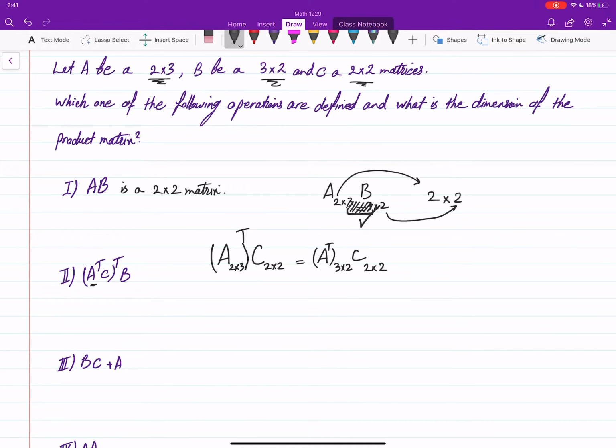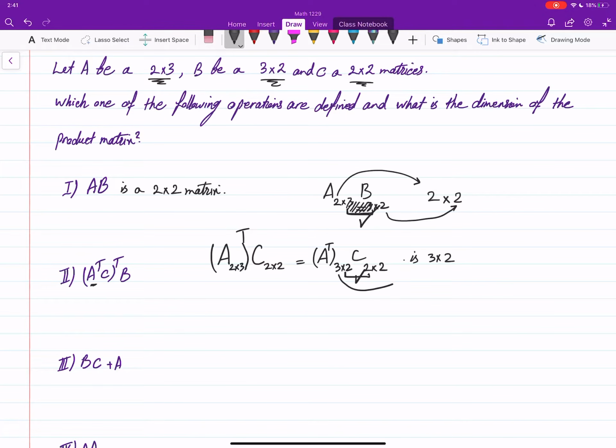Before it wasn't good, but now with transpose, these two are equal. That means that A transpose C is defined.